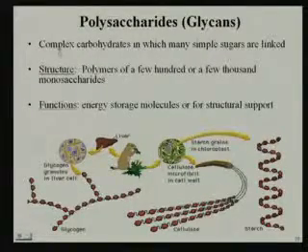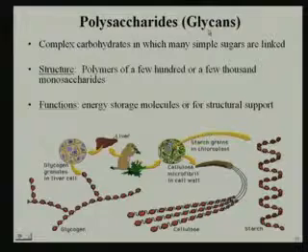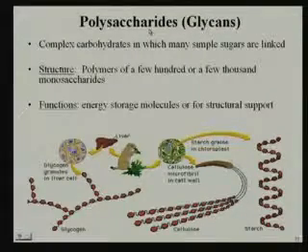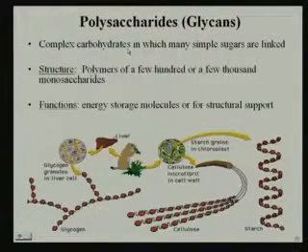Now coming to the polysaccharide, one example is the glycan molecule. It is a complex carbohydrate in which many simple sugars are linked. I have already talked to you about the glycan unit.